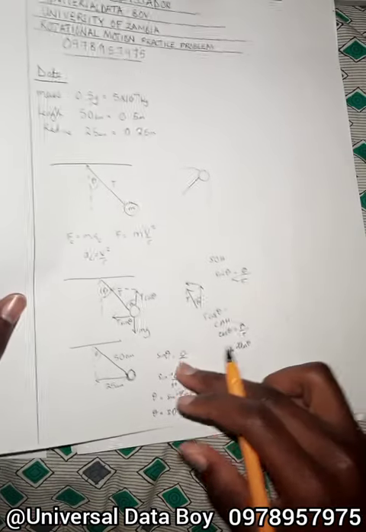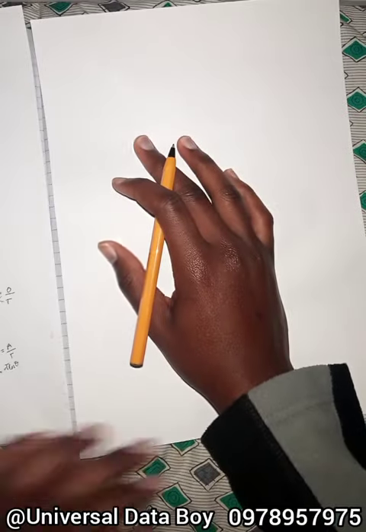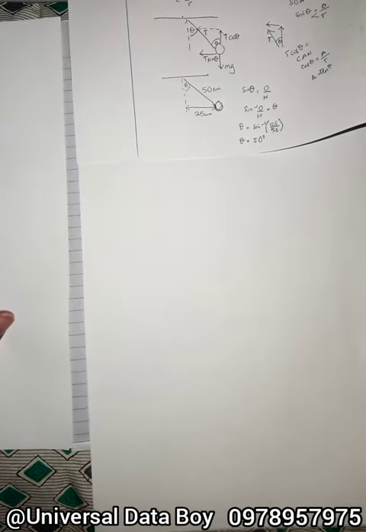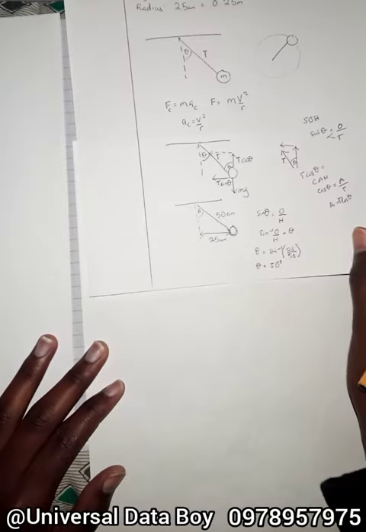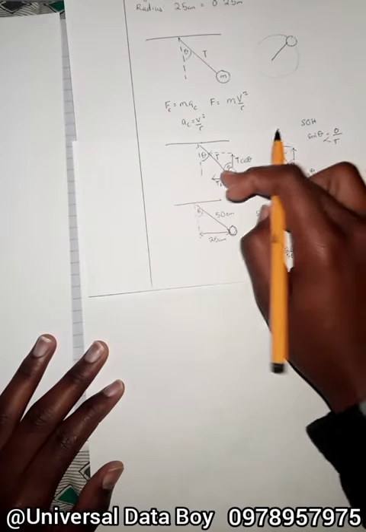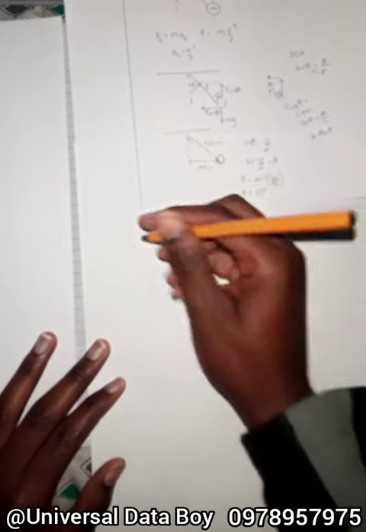So now we have such values there. So now we can go on from here, since we found the theta, and I can use this for reference. Yeah. So then since we have our theta now, we can sum up the forces.